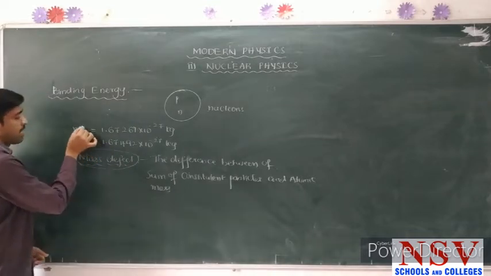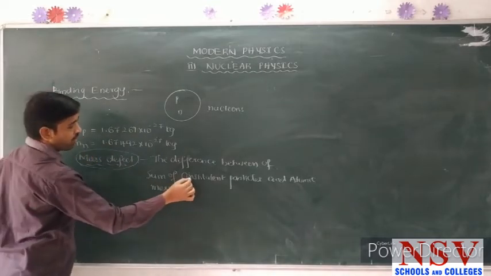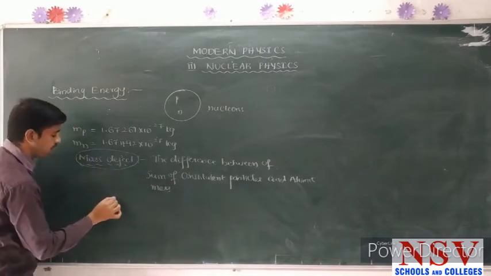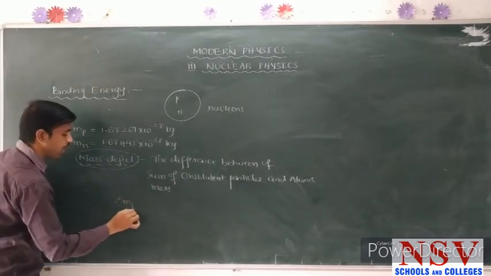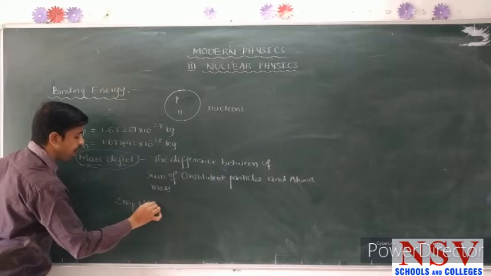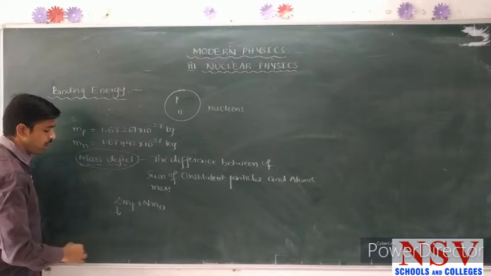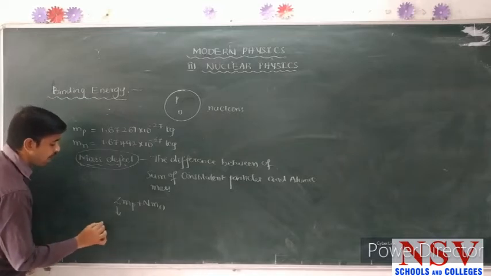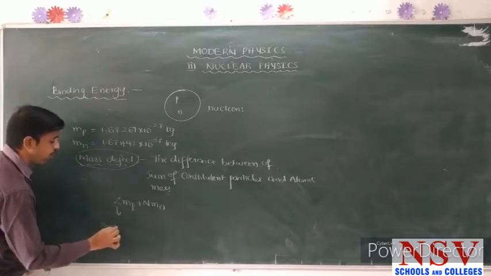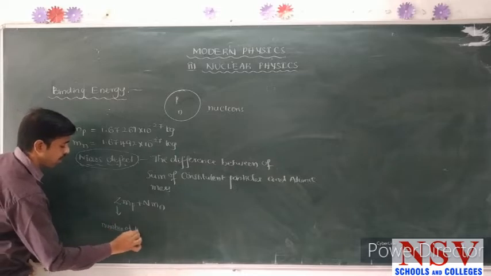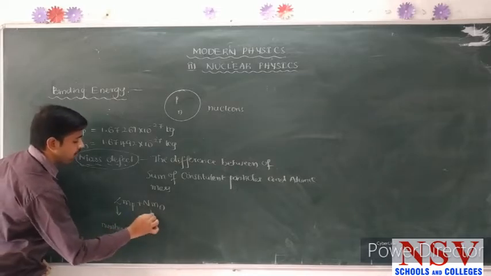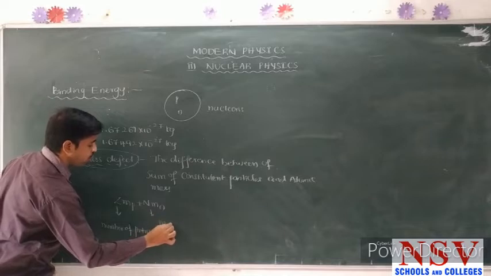The sum of the constituent particles, protons and neutrons, we can write as ZMP plus NMN. Here Z represents the atomic number, which depends on the number of protons. N represents the number of neutrons.